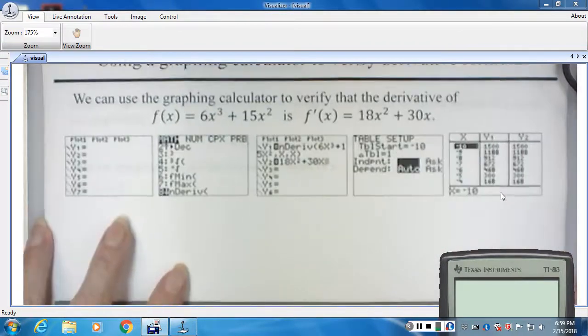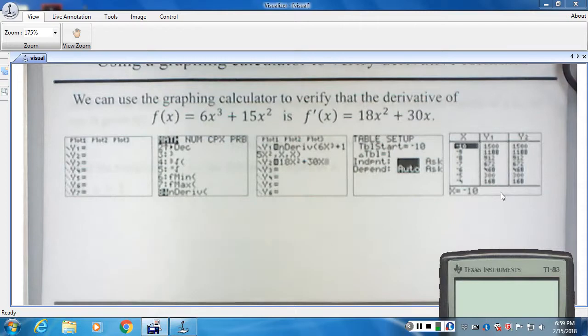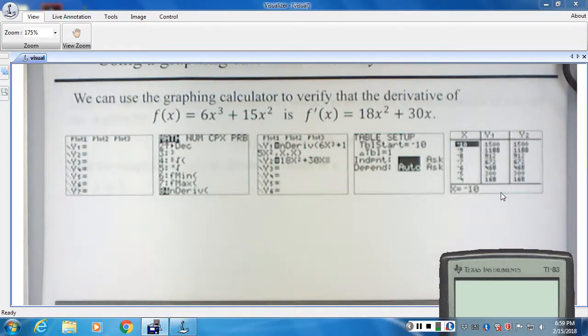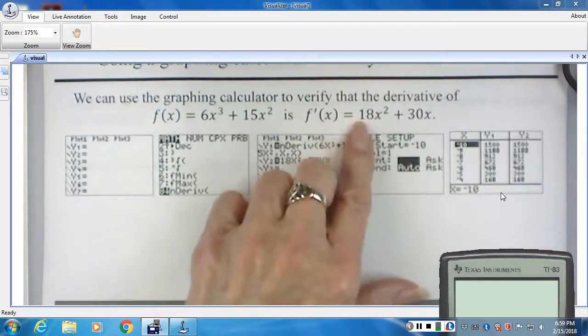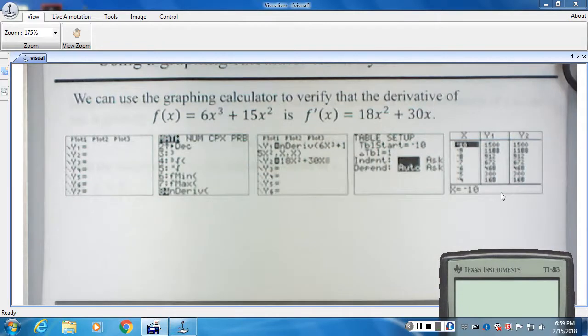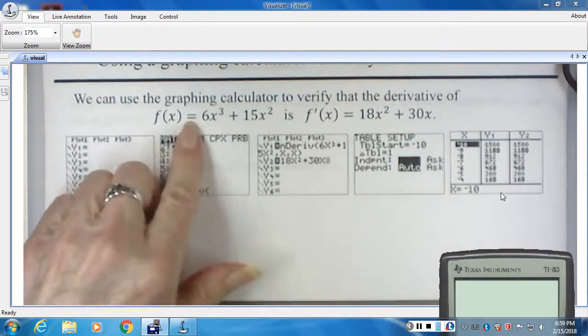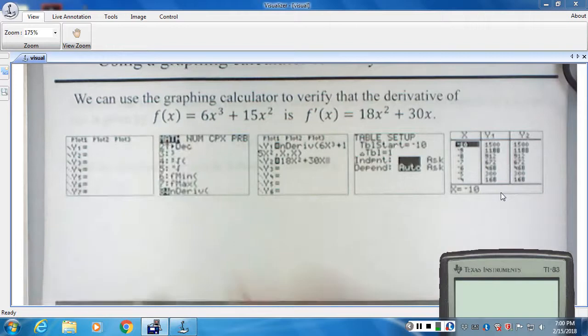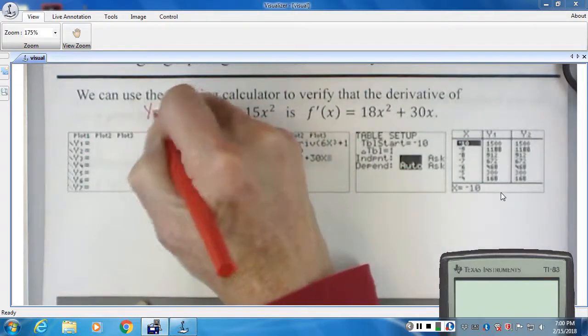You can use the graphing calculator, and what I'm showing you here is different from what you have in your notes, because in your notes I have you do it by the graph. But you can verify even an algebraic derivative by using nderiv. If you do it using the graph, what you do is you put in y1 the original function.